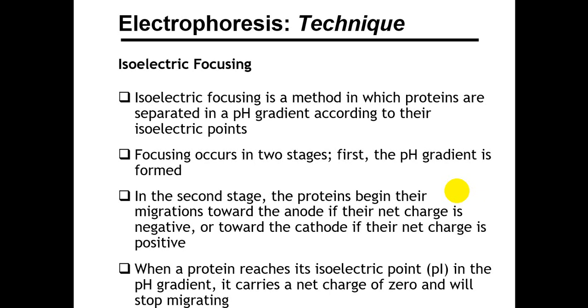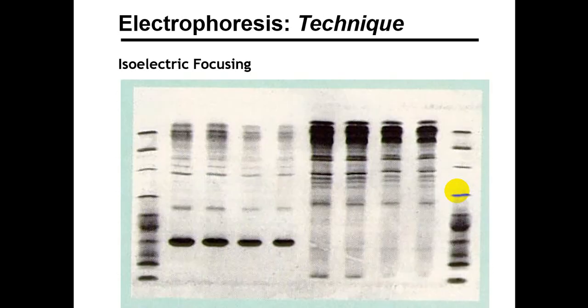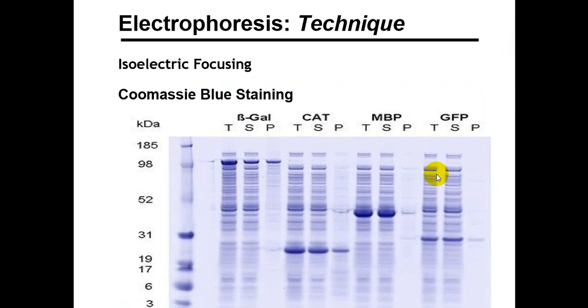When a protein reaches its isoelectric point in the pH gradient, it carries a net charge of 0 and will stop migrating, as I explained. So all these proteins have been focused and they are at their isoelectric points.